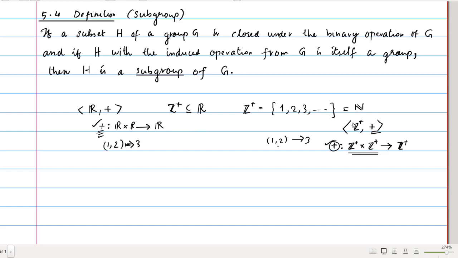So if we have a subset of R and we use the same rule to define a binary operation, then that binary operation is not the same binary operation, and it is called the induced operation. If this is G and this is our subset H, then we can say that H, with plus, is a subset with the induced operation from G.